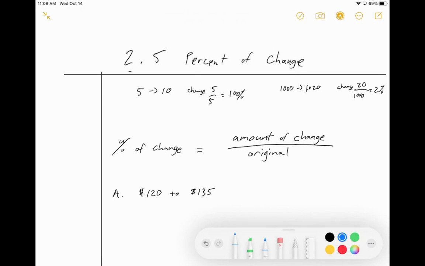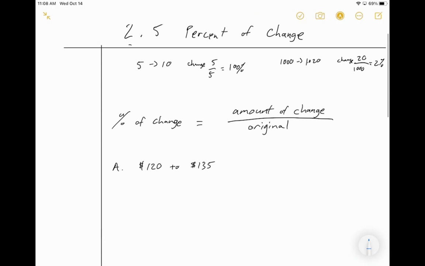All right, so it went from 120 to 135. We're going to walk through this one together. We're first going to find out how much did it change. In order to find the change, all you have to do is subtract. So the amount of change is 135 minus 120.